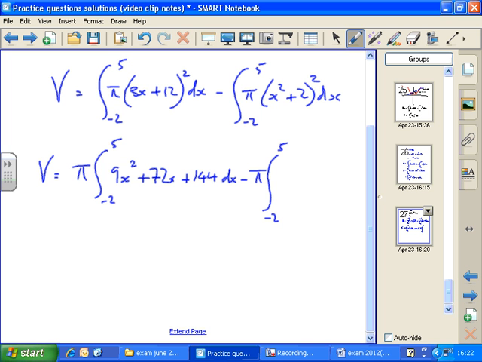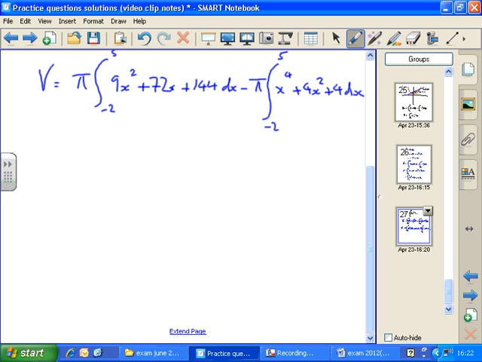Now squaring this, we get x to the 4 plus 2x squared plus another 2x squared is 4x squared plus 4 with respect to x. Just check that works by multiplying out those brackets for yourself.